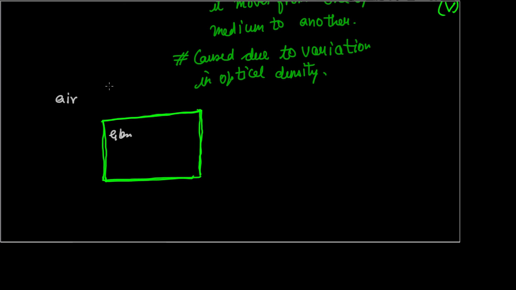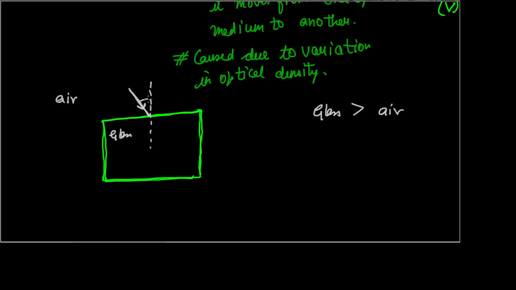So basically a light ray enters the glass. Now you know glass is more dense than air. You can generally say that glass is more dense than air.